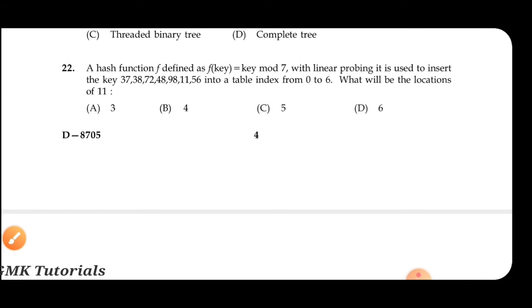22nd one: a hash function f is defined as f of key equals key mod 7 with linear probing. It is used to insert the given keys 37, 38, 72, 48, 98, 11, 56 into a table with index from 0 to 6. What will be the locations? The given options are 3, 4, 5, 6.